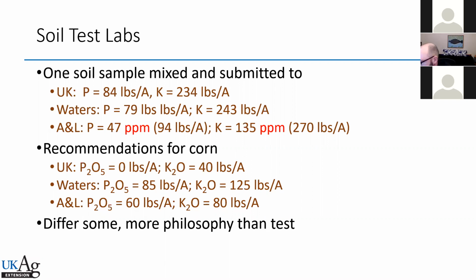Now, clearly that's cost prohibitive. So our recommendations only go up to 120. So it's going to take many years of applying that very high rate to move the soil test up. And that's because of that iceberg that we described before. It just takes a long time to push that up and move that buffer capacity.